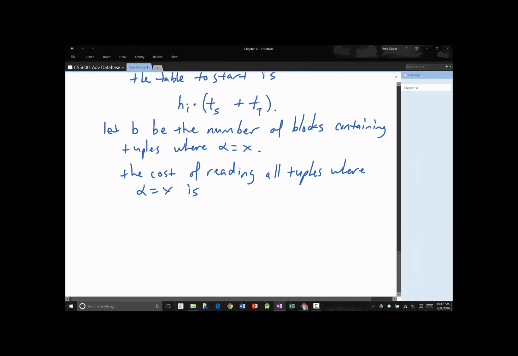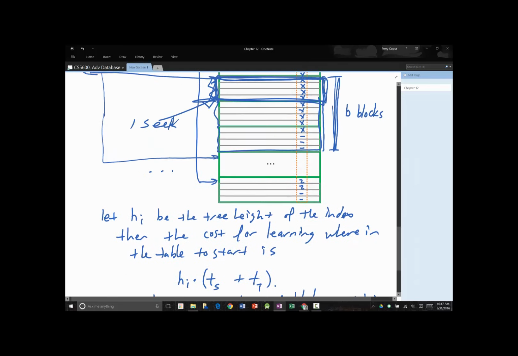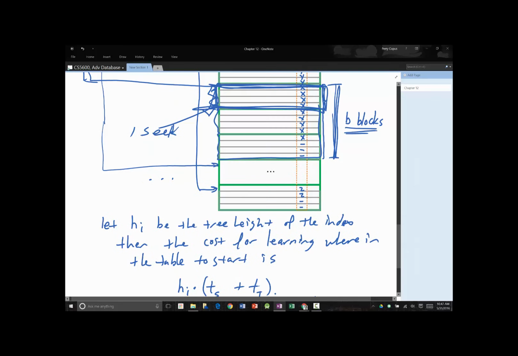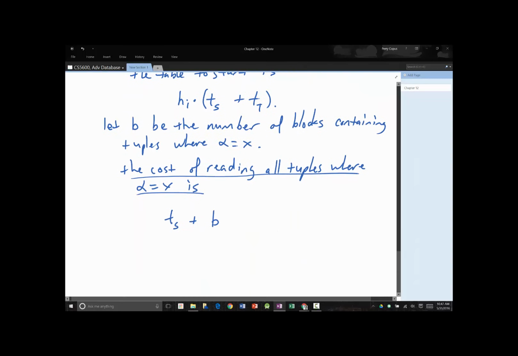So this is really easy. The cost of reading all tuples where alpha equals x is the time of a seek plus B, remember we said B number of blocks, this is B blocks right here that contain x. So B number of blocks times the time that it takes to do a transfer.